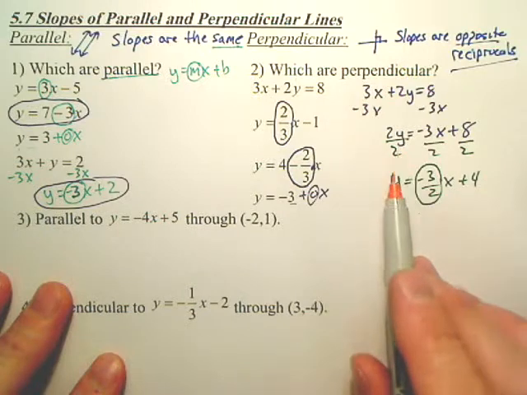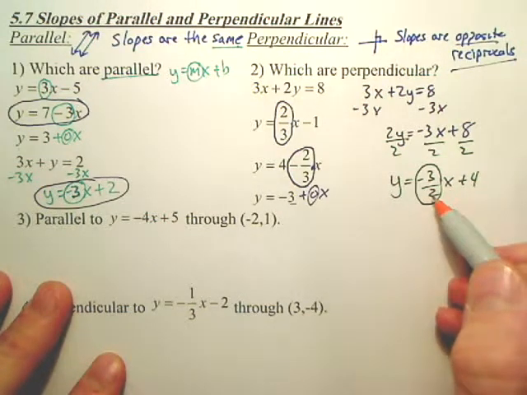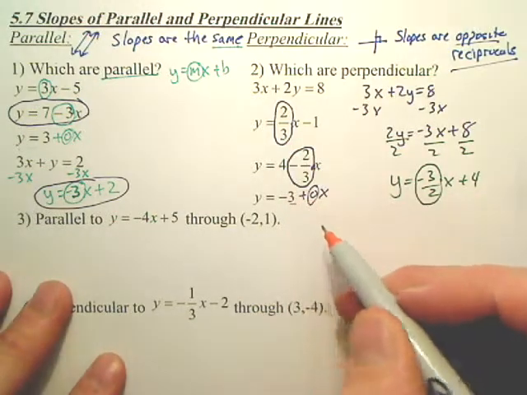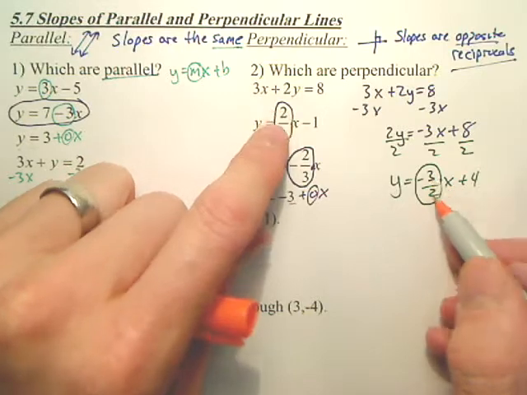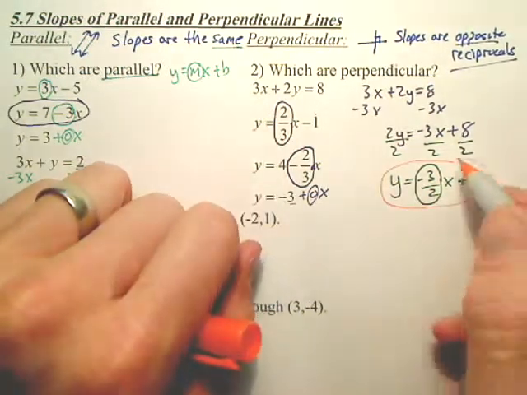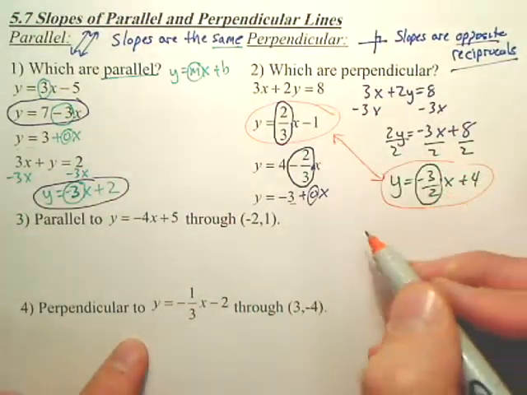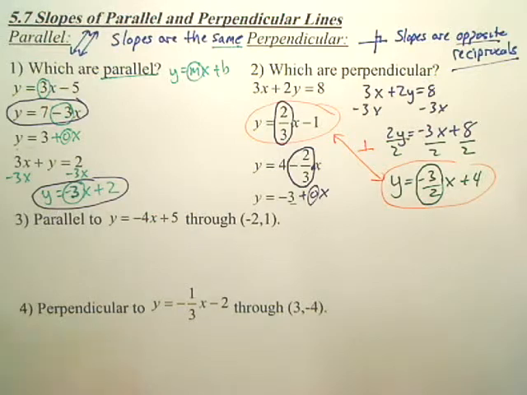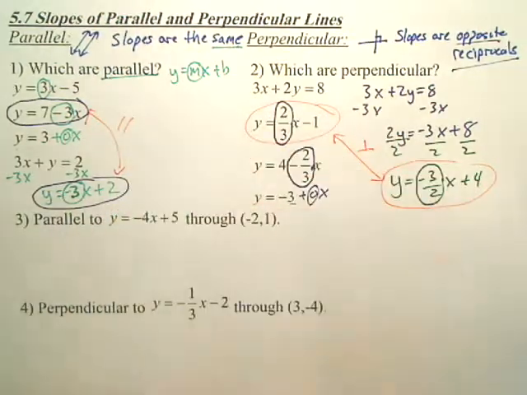Okay, I got y equals by itself. Y equals mx plus b. Okay, does this one opposite reciprocal of one of these? Aren't these reciprocals? And is one positive, one negative? Aren't those two? Those are going to be perpendicular. That's how you write perpendicular, upside down, capital T. These two are parallel.